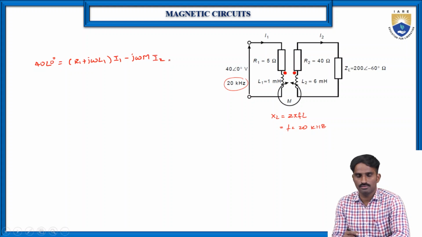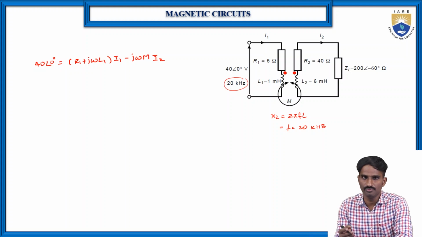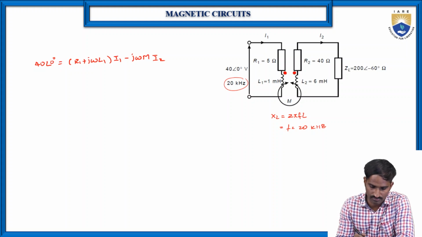The voltage is produced because of the mutual inductance, which happens because of the change in current flowing through the secondary terminal, this is I2.